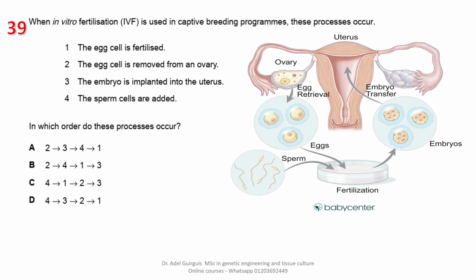Firstly, the female animal is triggered to ovulate by injection with a fertility hormone like FSH. Both ovaries are triggered to produce many mature eggs.